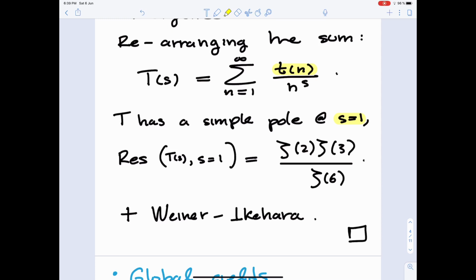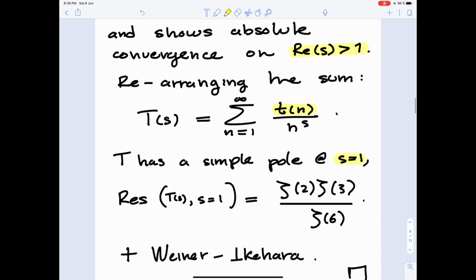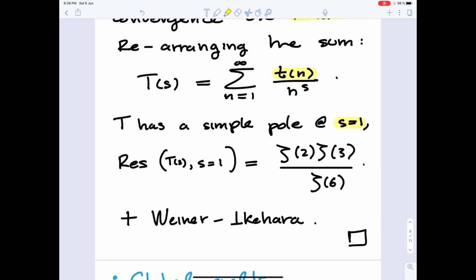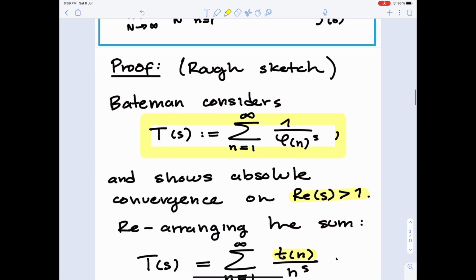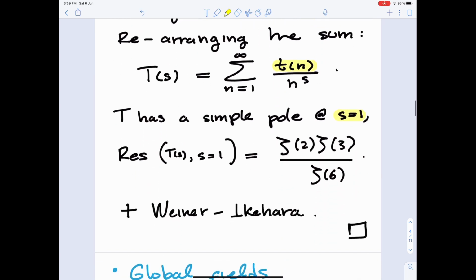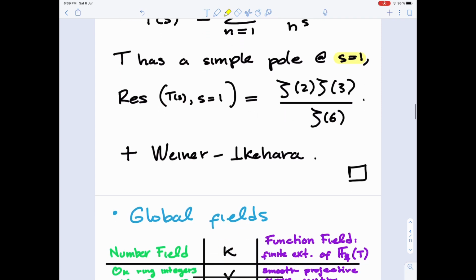He then uses a Tauberian theorem, the Wiener-Ikehara theorem, which basically says that if you have a Dirichlet series with domain of convergence real part of s greater than 1 and a simple pole at s equals 1, then the mean value of the terms in the Dirichlet series is going to be the residue of the Dirichlet series at s equals 1. So the idea is mainly understanding the analytical properties of the associated zeta function.